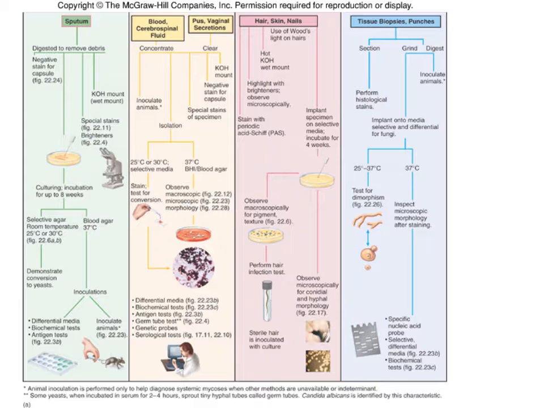So you will see a common theme among them, that microscopy, culture on Sabouraud's agar, and then some of the genetic techniques that we normally do are the main ones that will differentiate as to what specimen we are looking at.